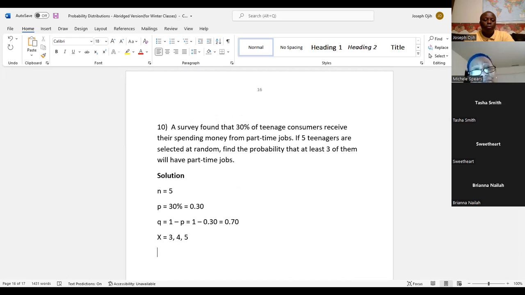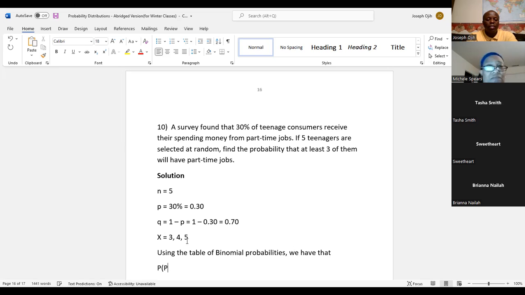So here, using the table of binomial probabilities, we have the probability of at least 3.